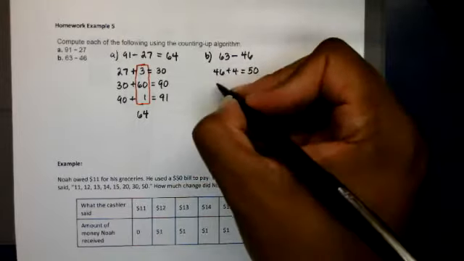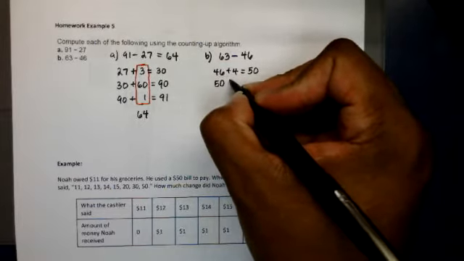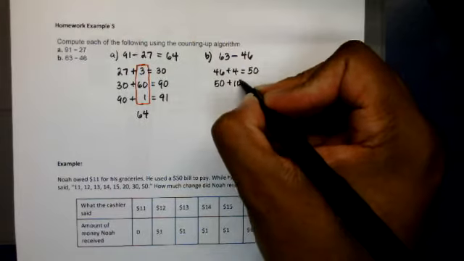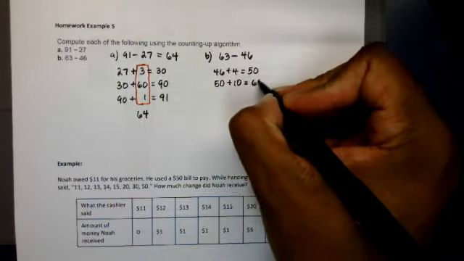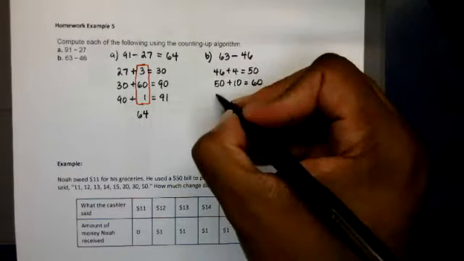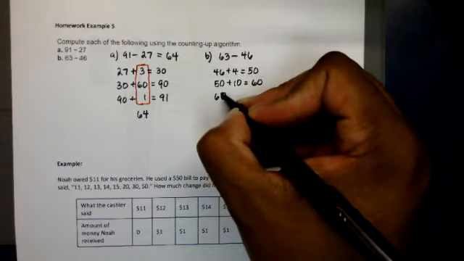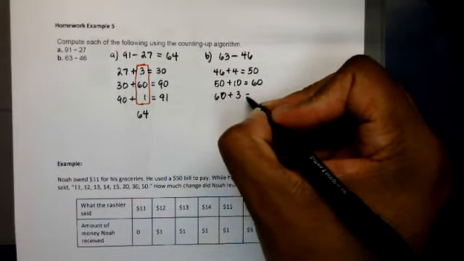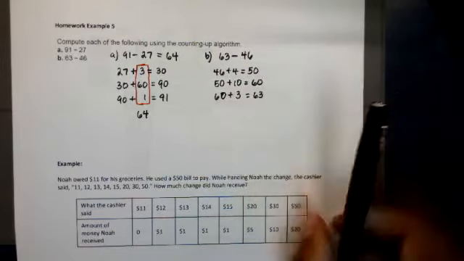I'm still trying to get to 63. Let's see here. 60 is 10 away from 50, so add 10 to that 50, you'll get 60. And then to get to 63, I'm 3 away from that, so I'll add 3 to that 60 to get 63.